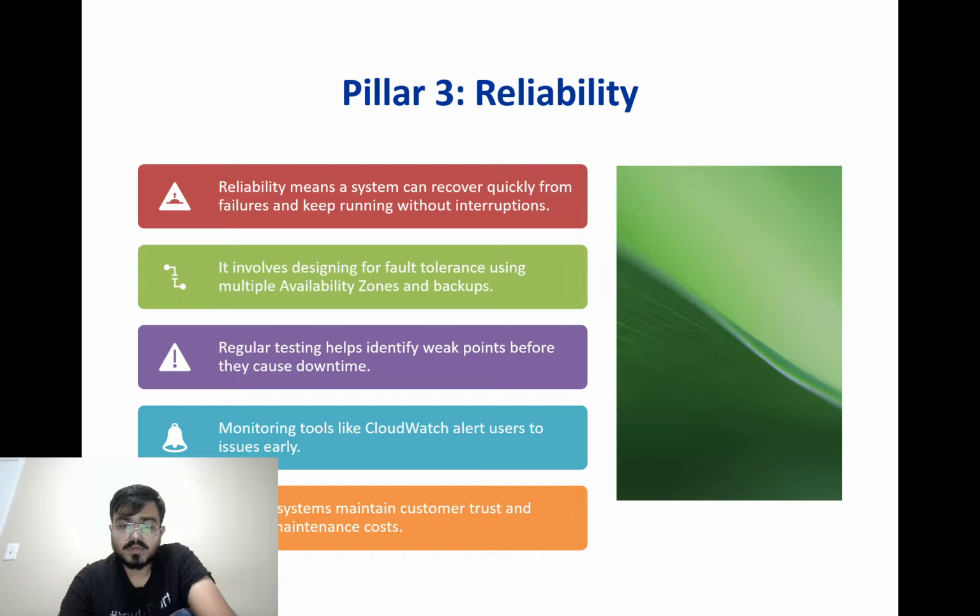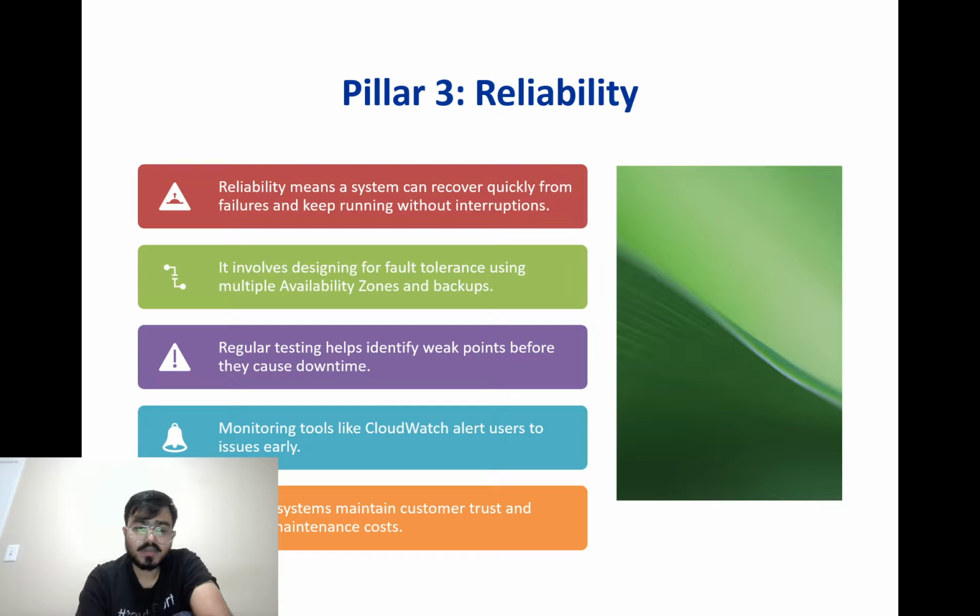You can improve reliability by using multiple availability zones, having backups, and testing your recovery plans. AWS offers tools like CloudWatch, Elastic Load Balancing, and Route 53 to help with this.